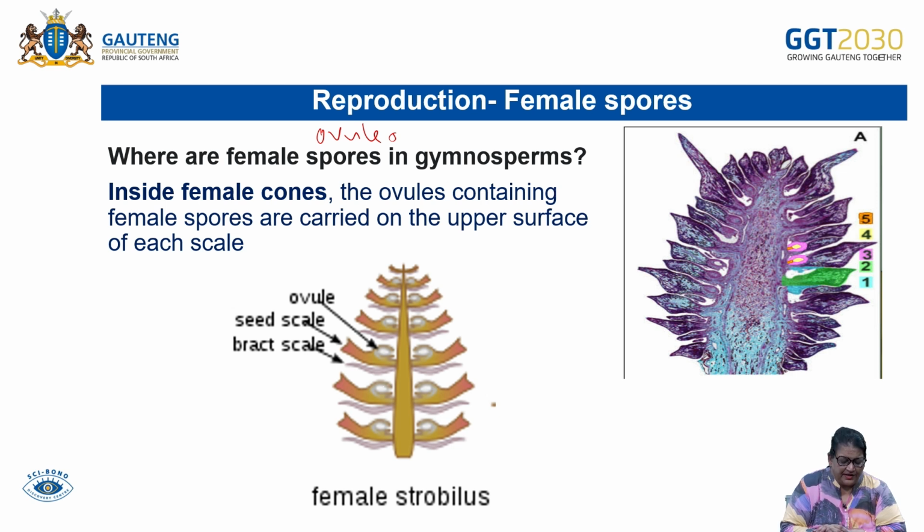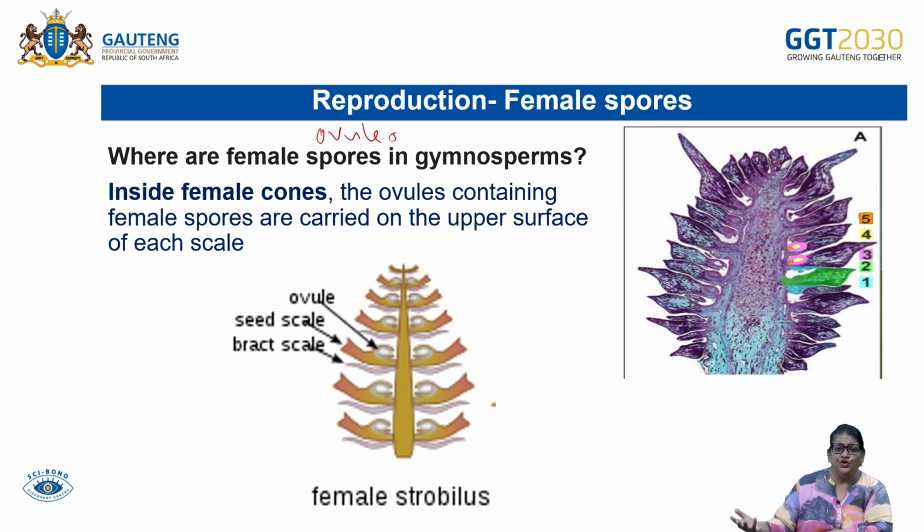And when the pollen lands onto the ovule and fertilizes the female gamete, that ovule now becomes a seed. And then the seed will be released when the wind shakes the tree. It falls further away from the parent plant.